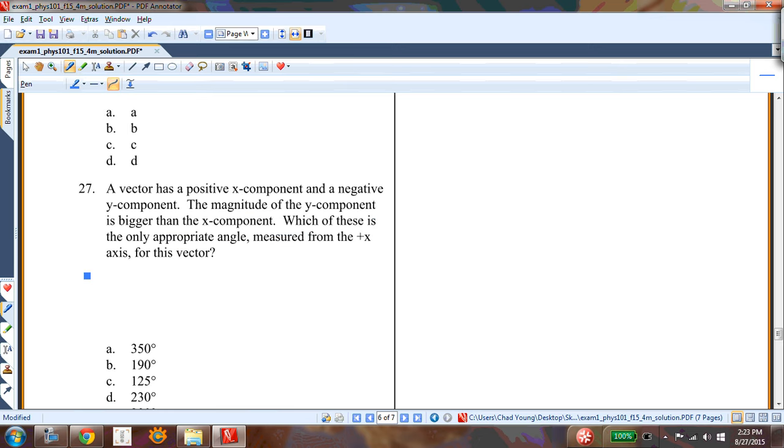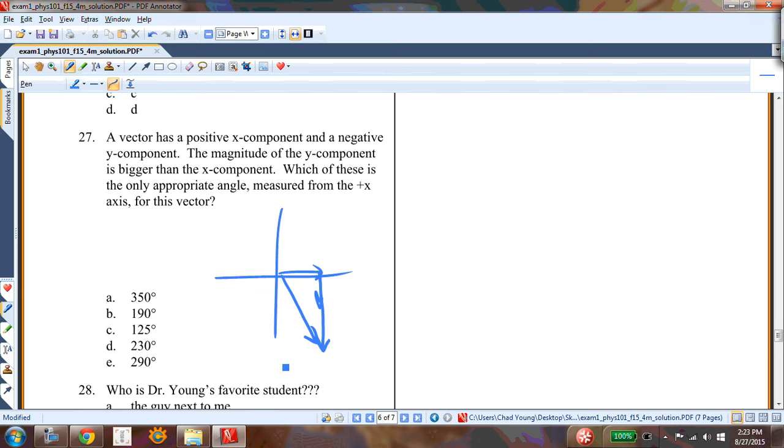Vector has positive x component, negative y component. So the x component is here. The y component is here. The magnitude of the y component is bigger than the x component. That means y is going to be bigger, and so the resultant vector will be like that. Which of these is the only appropriate angle for this vector measured from here?